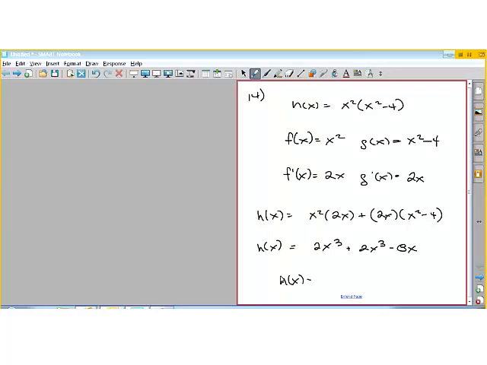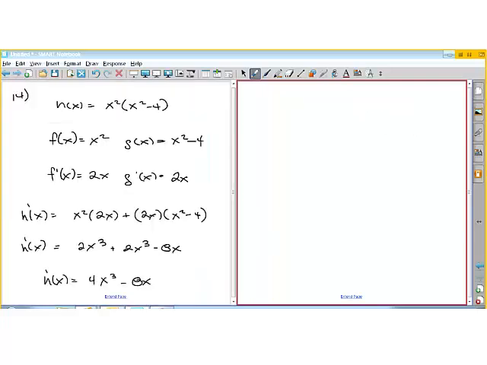And then if you add the two terms that have the same power, we have 4x cubed minus 8x. Okay, so that's the derivative, h prime of x.